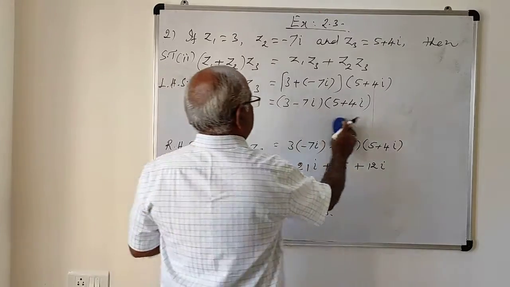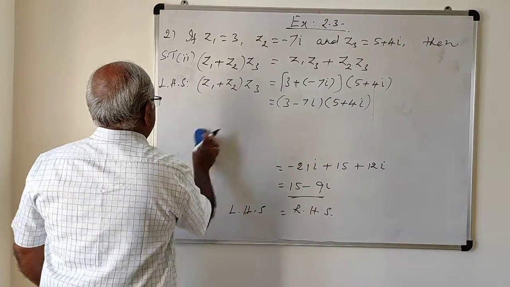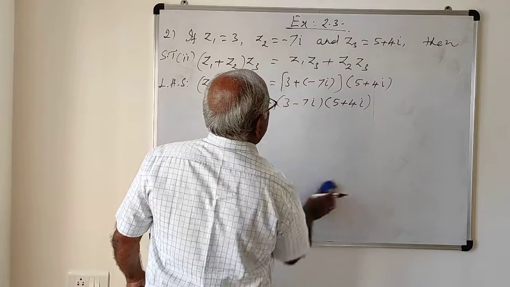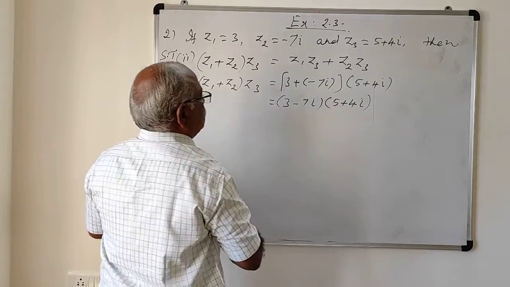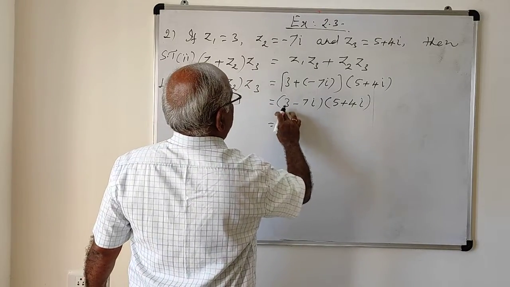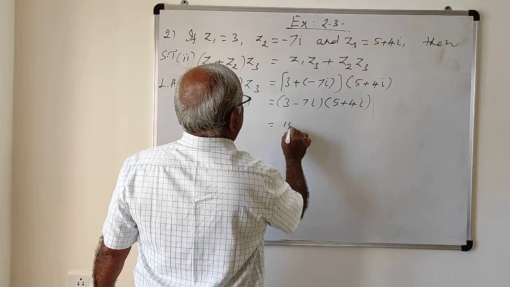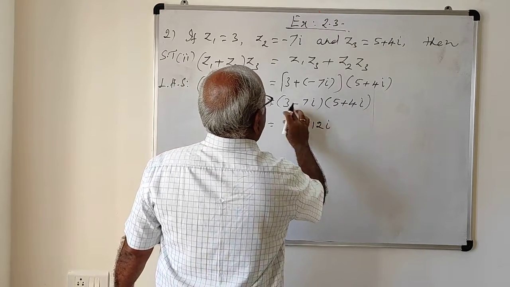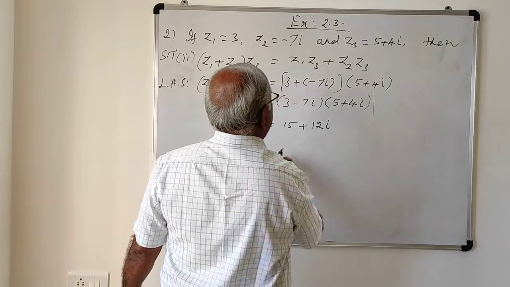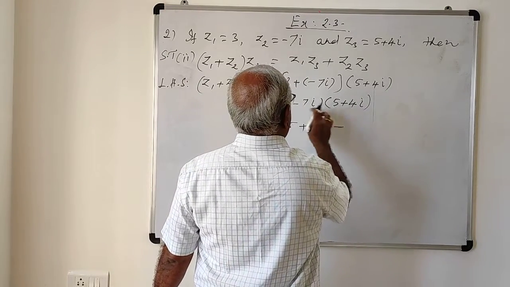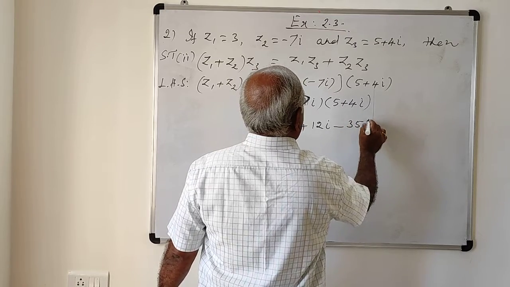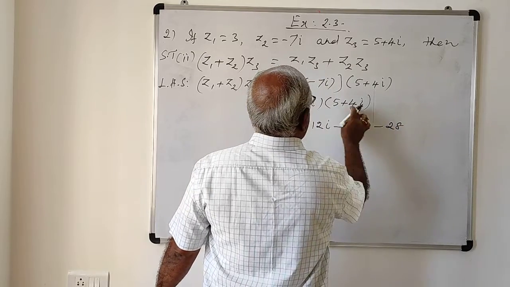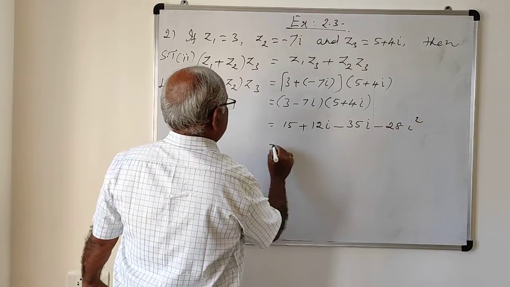Now, ordinary multiplication, using the multiplication of two complex numbers you already know. First multiply by 3: 3 fives are 15 and 3 fours are 12i. Again minus 7i into 5 is minus 35i, and minus 7i into 4i is minus 28 i square.